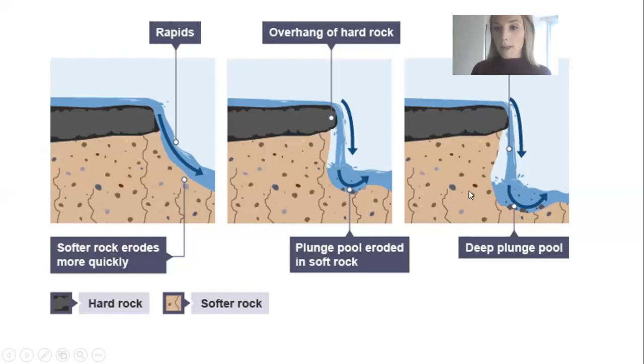What will happen is the soft rock will erode backwards, okay, undercutting, forming an overhang. So this plunge pool will become deeper and wider, causing the soft rock to retreat backwards, leaving an overhanging part of the rock. This overhanging part of the waterfall will eventually collapse, adding to the material in the plunge pool.